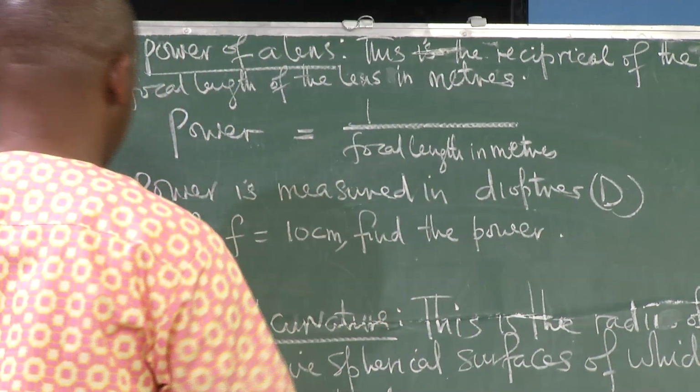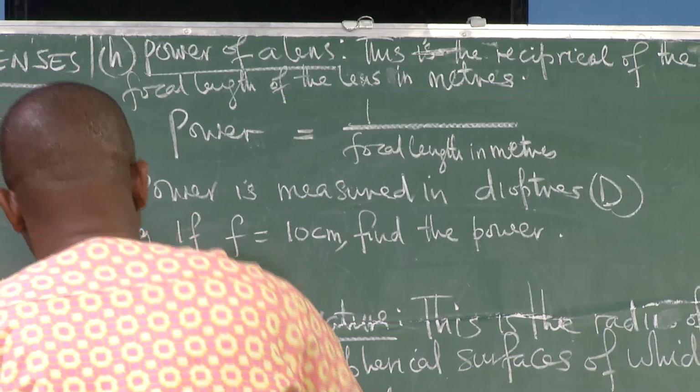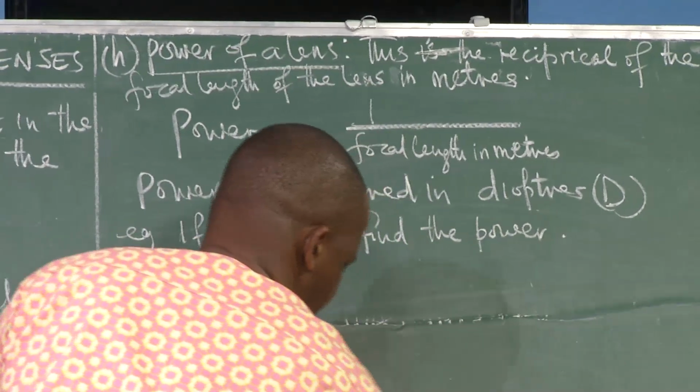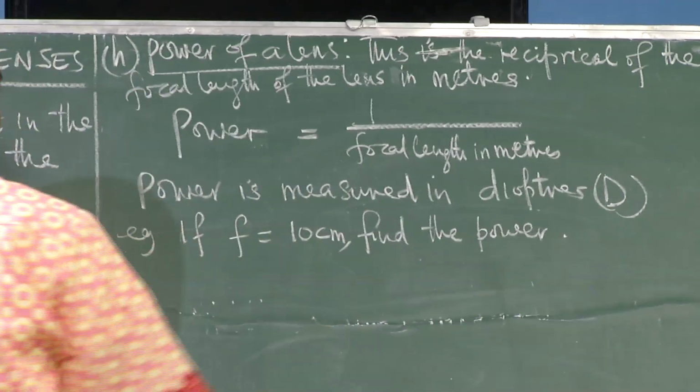To find the power, we must convert that focal length into meters and get its reciprocal.